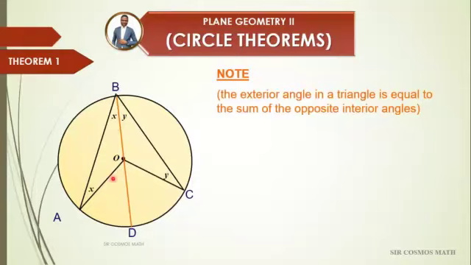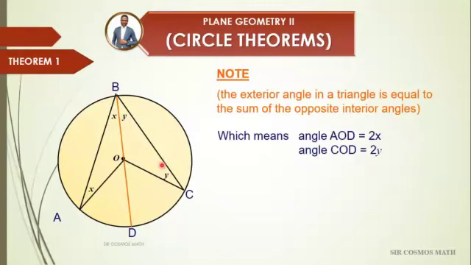So if I want to know the external angle here, I need to add the two interior angles together, and whatever result I get is for this external angle. So if I want to find this angle, that is angle AOD, all I am supposed to do is add the two opposite interior angles, and the result will be here. Which means if I add X plus X, I'm going to have 2X here. The same thing applies to this one. If I add Y plus Y, I'm going to have this answer here. That is what this property means.